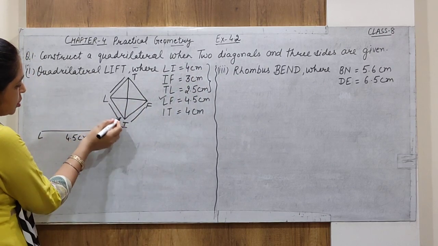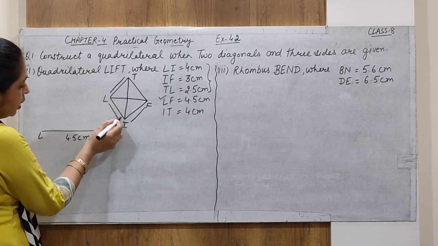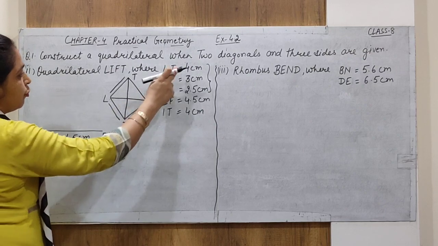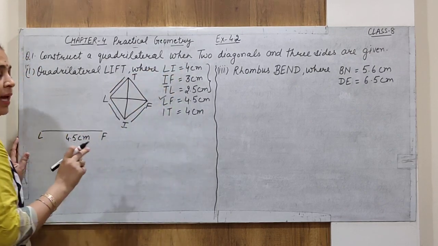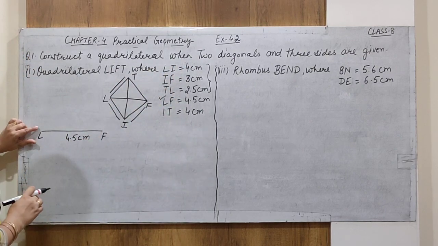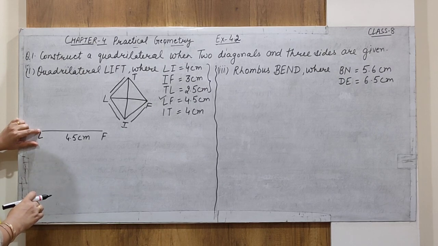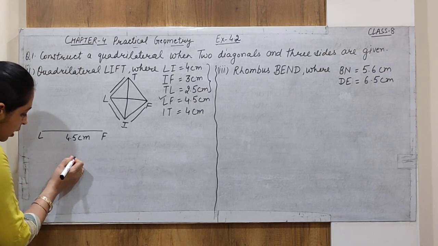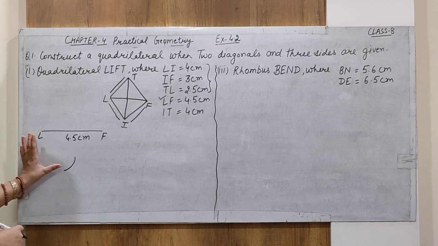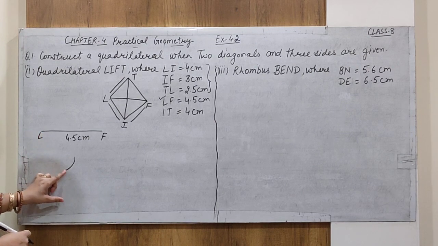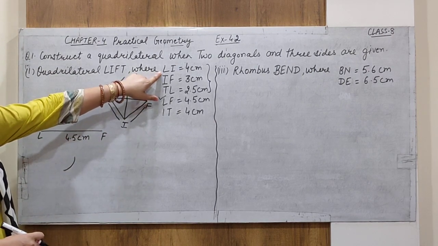To draw this side, we measure 4 centimeters with the help of the compass, place the tip of the compass at L and draw an arc. The distance between point L and the arc is 4 centimeters.